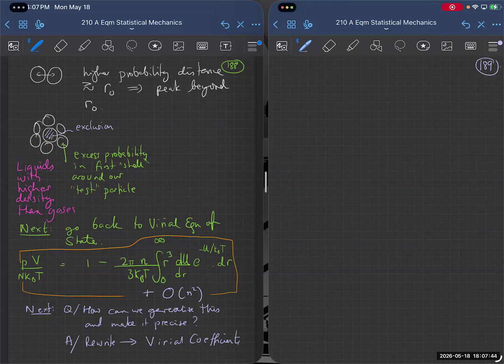Okay, so we're going to rewrite it to give you an idea of a thing called a virial coefficient, and then I'm going to show you how we can calculate these things systematically. So the goal now is to do some cosmetic rewriting in terms of something that we can systematically calculate.